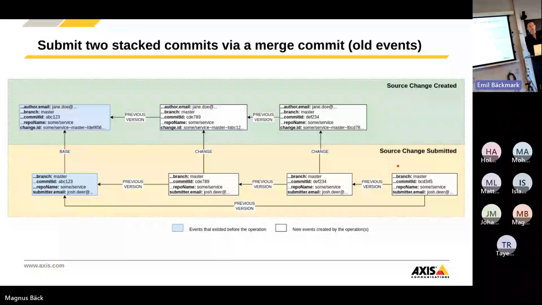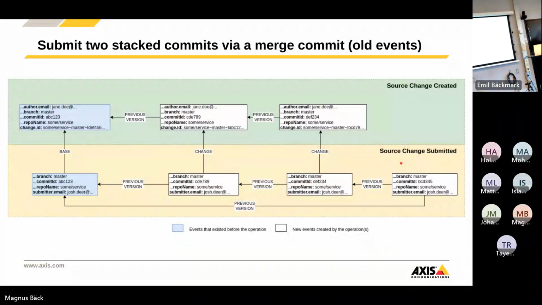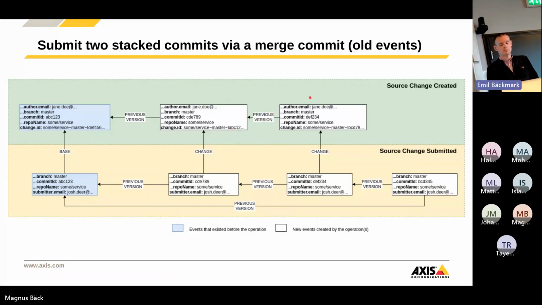Because if you are not supposed to model merge commits in this manner, but rather say that you would send one source change submitted for the branch update, and you would link to both of these changes and have the commit ID here. That's another way of modeling it, and that would remove that problem, assuming that we can link to multiple SCCs from a single SCS. I'm not sure.